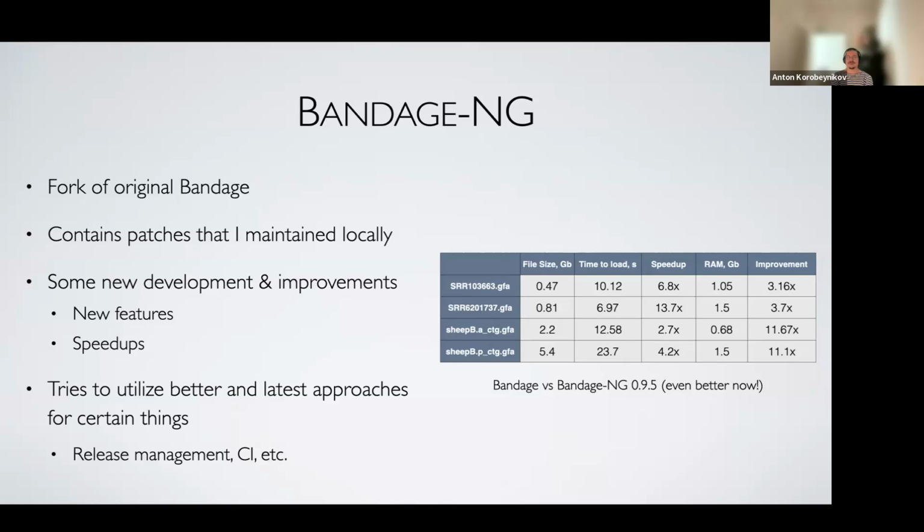The comparison here is for original Bandage versus the old version of BandageNG, I think two years old. Still, depending on the graph, we might see 5x or even 10x improvements in terms of graph load time and memory consumption. Plus, there are actually many more developments since then.